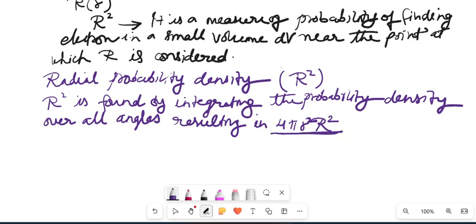This is the radial probability density, obtained by integrating the probability density over all the angles.